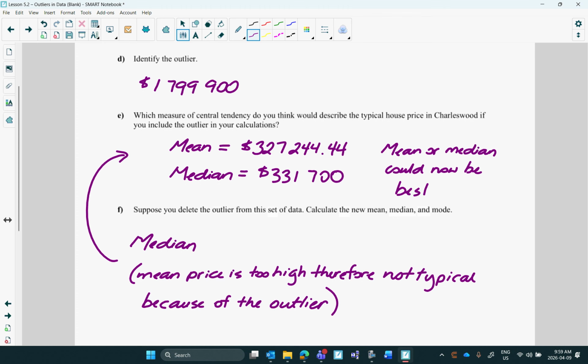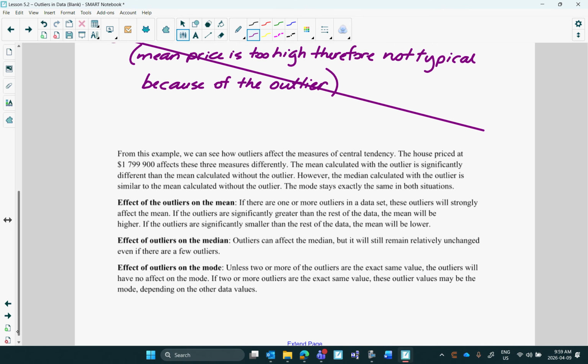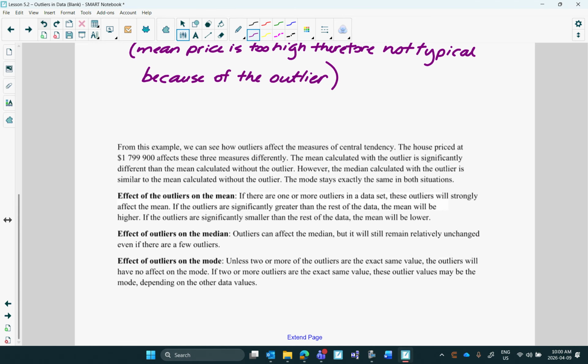Because we took out that outlier and both of them are very close to each other. So really, it doesn't matter which one you pick. And this just kind of sums up what we did.